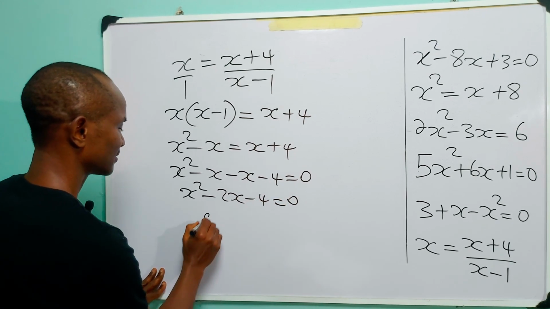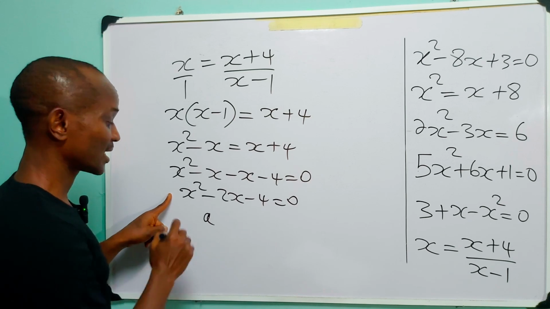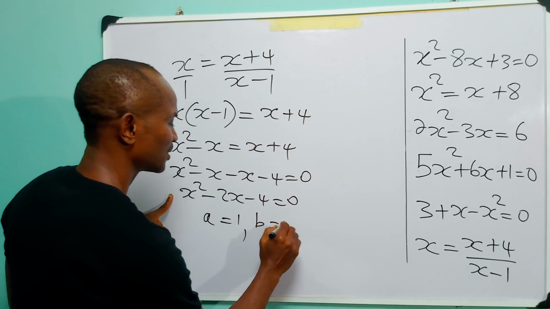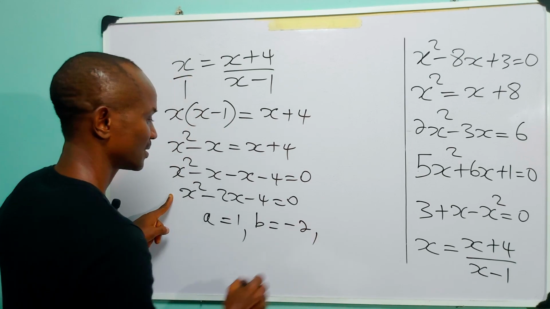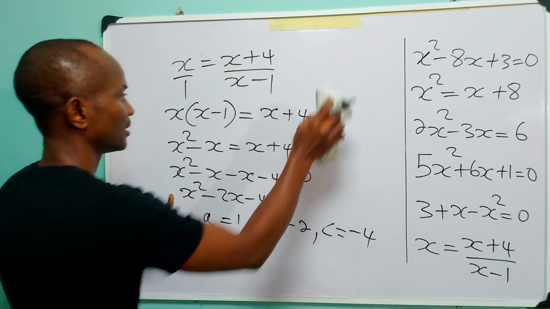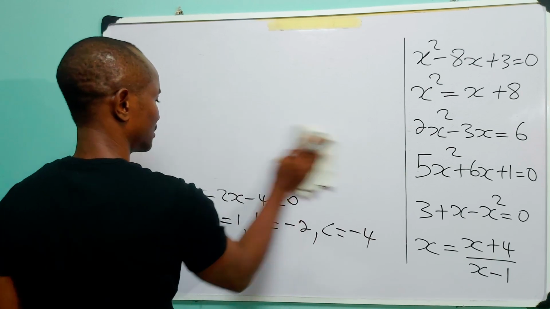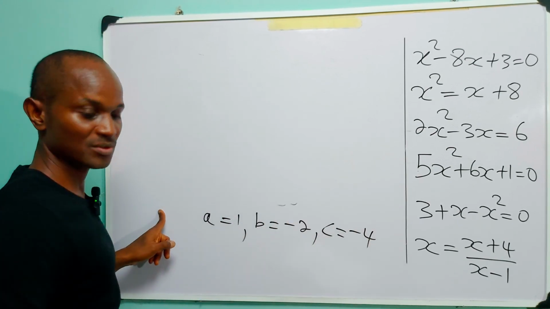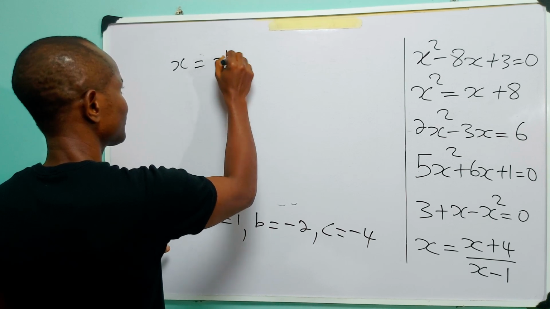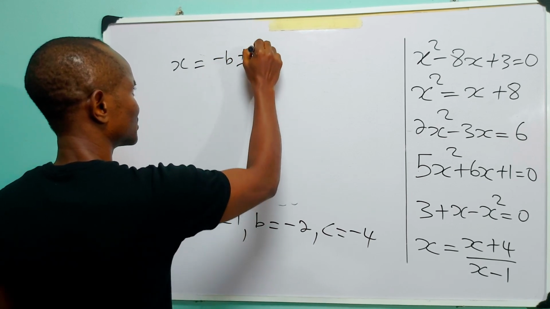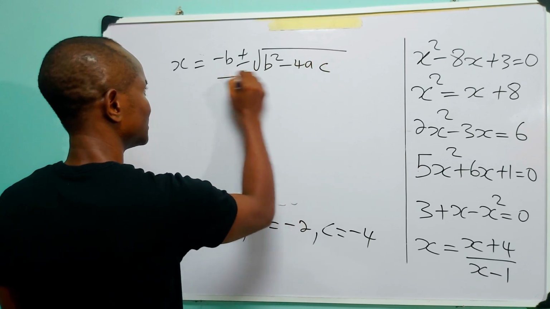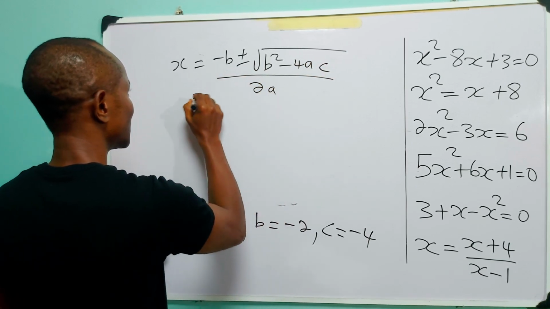So that tells us that for this quadratic equation, a is equal to 1, b is equal to minus 2, and c is equal to minus 4. And of course, we have that from the quadratic formula, x is equal to minus b plus or minus the square root of b squared minus 4ac divided by 2a.